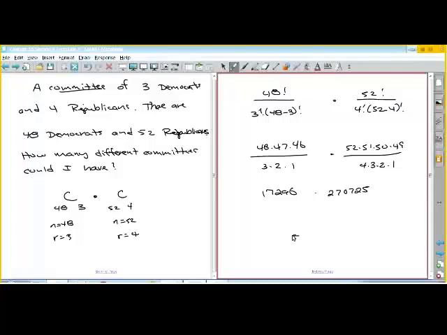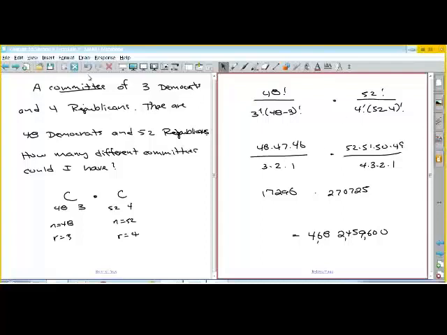So there are 270,725, and you multiply those together, and there are a lot: 4,682,459,600 different committees that you could have.